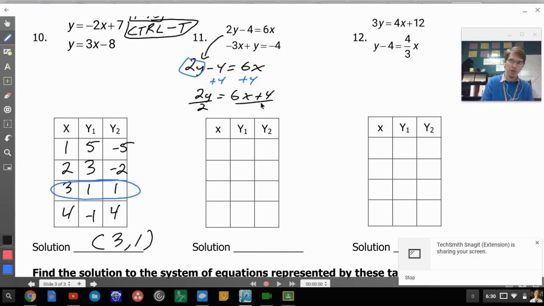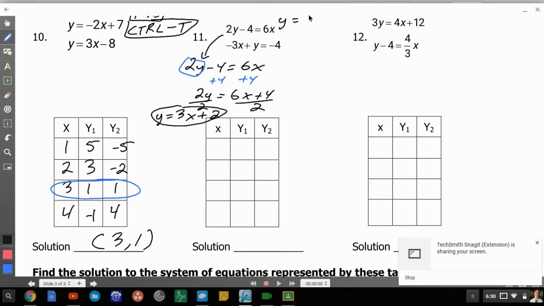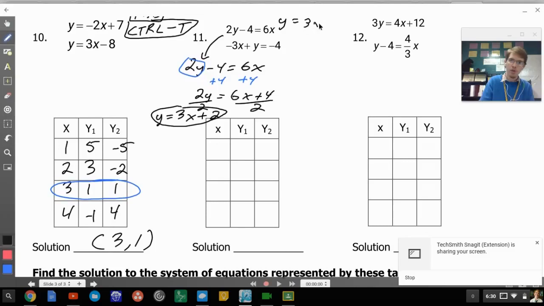And divide by 2. So the equation of my first one is y equals 3x plus 2. Now the second one, to get y by itself, you have to add 3x, so y equals 3x minus 4. So these are two equations I'm going to graph.